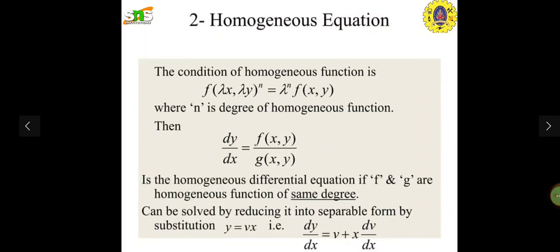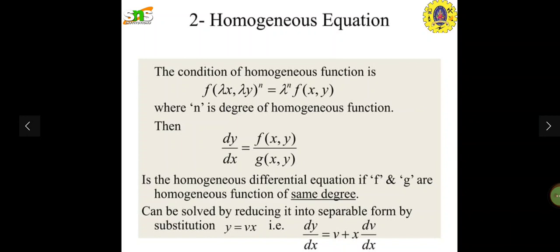Next is homogeneous equation. The condition of homogeneous function is f of lambda x comma lambda y equal to lambda power n f of x comma y, where n is the degree of the homogeneous function. Then dy by dx equal to f of x comma y divided by g of x comma y is the homogeneous differential equation if f and g are homogeneous functions of same degree.